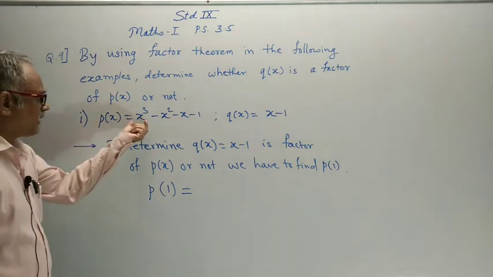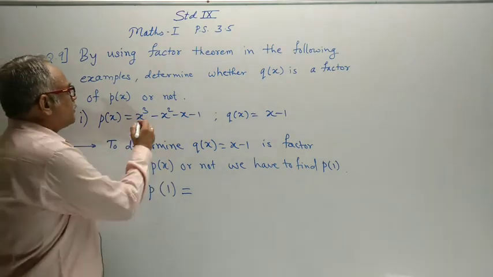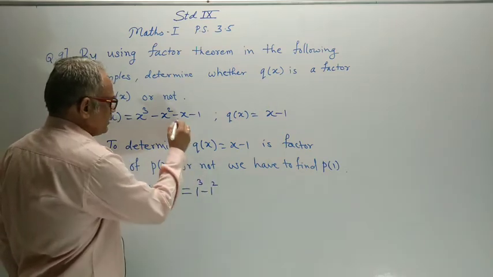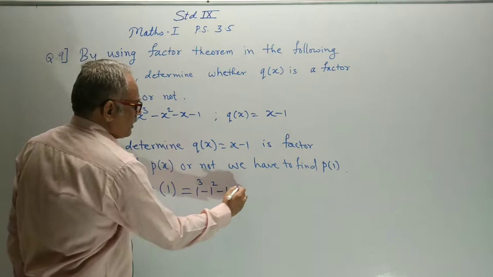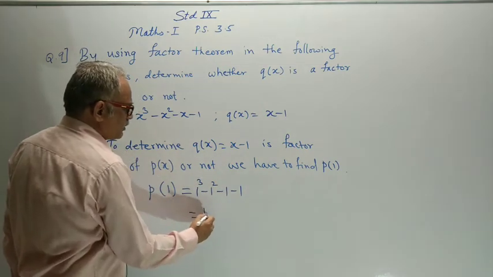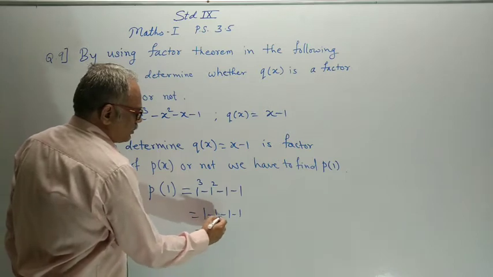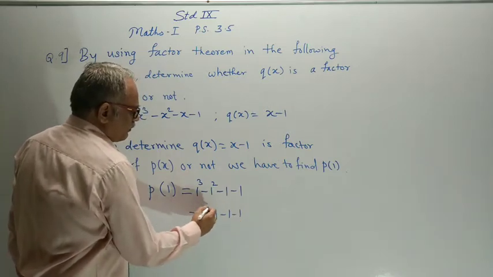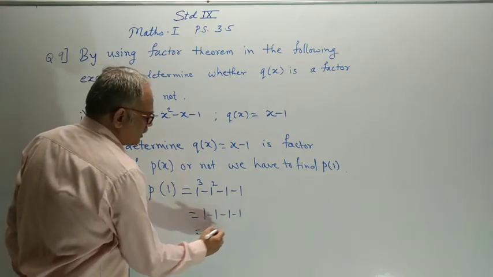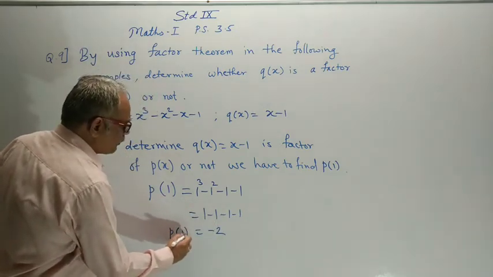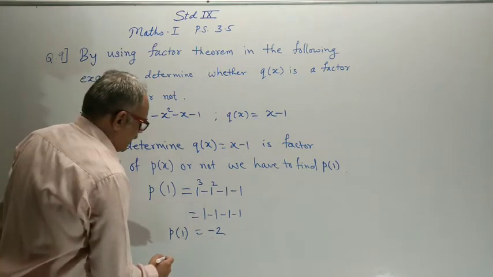In P of x, in place of x write 1: 1 cube minus 1 square minus 1 minus 1. 1 cube is 1, 1 square is 1. 1 minus 1 is 0, minus 1 minus 1. 1 minus 1 cancel, minus 1 is minus 2. So P of 1 is not coming 0, P of 1 is coming minus 2.